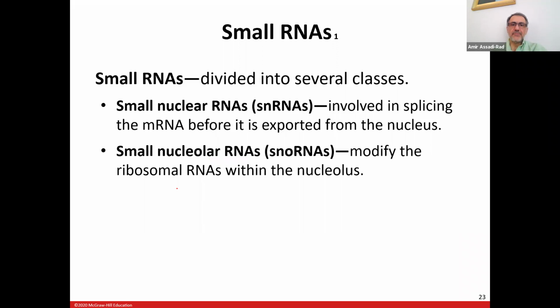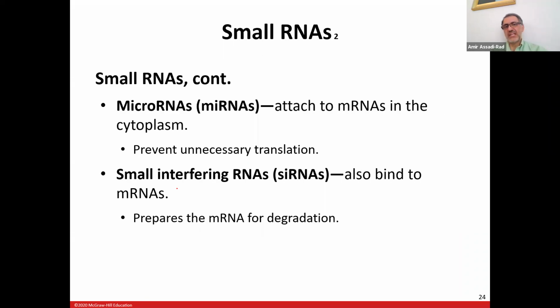Small nucleolar RNA, snoRNA, is attached to mRNA in the cytoplasm and prevents unnecessary translations, and I will talk about what translation is. Small interfering RNA, siRNA, also binds to mRNA and prepares the mRNA for degradation.